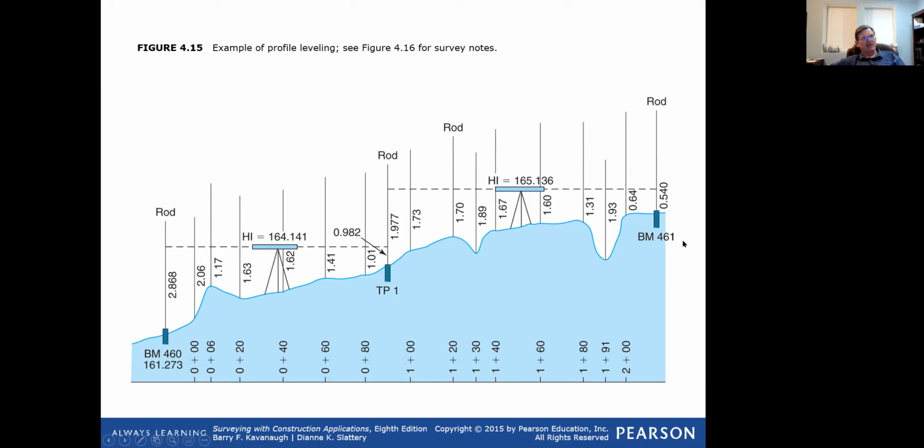You would end on BM 461 with a known elevation that you would want to know how good you did. But this is a way of getting the profiles and the elevations along a road or any other sort of baseline, maybe through a parking lot, something like that. Or water line. Water lines and sewer lines are laid out with stations like that as well.